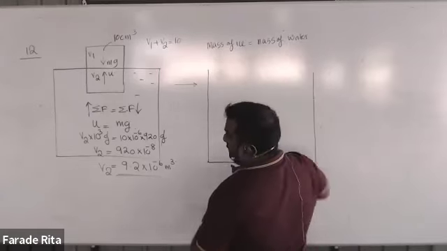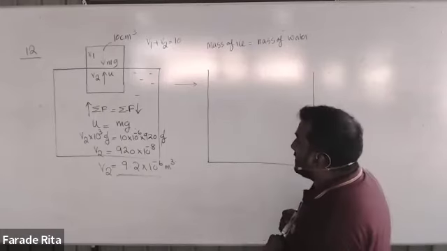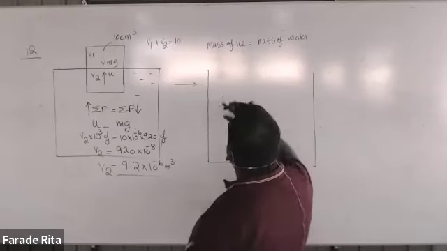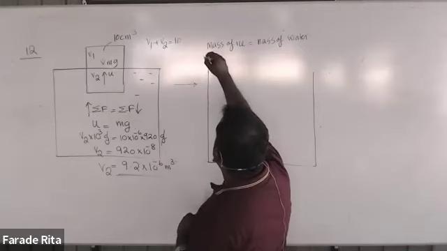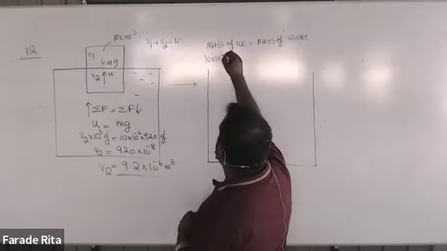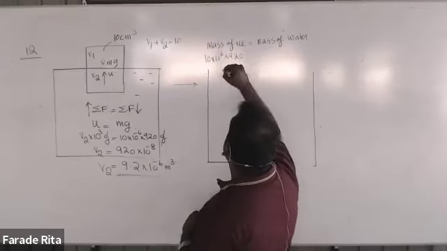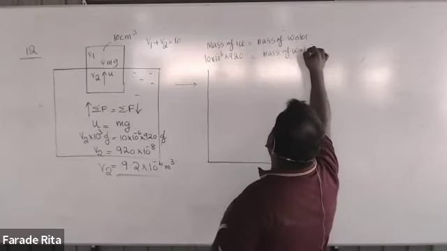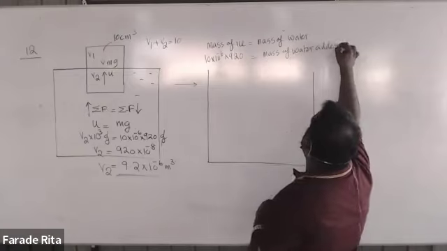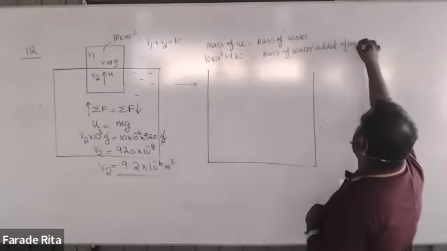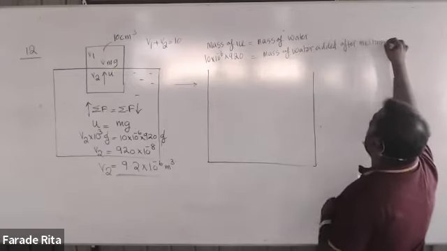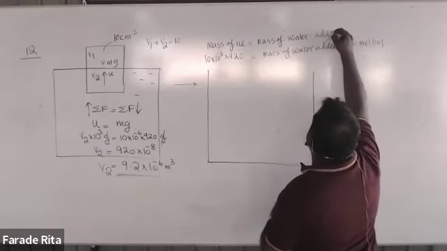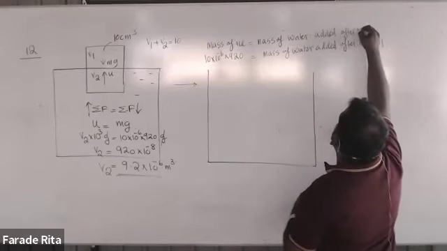What is the mass of ice? From here you can find it: volume of ice times density of ice. That's the mass of water added after melting.